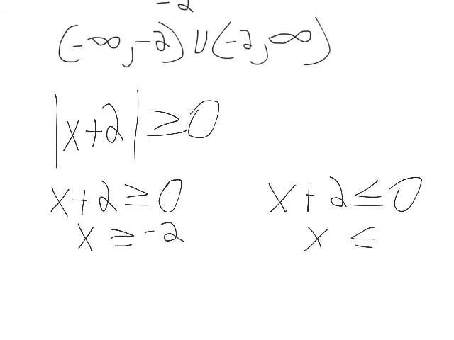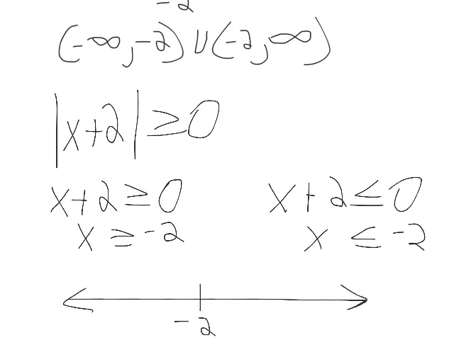X is less than or equal to negative 2. So here's our negative 2, and we've got brackets on either side. So negative 2 is actually included in that set, okay? So this, again, here is all real numbers. That's your answer.